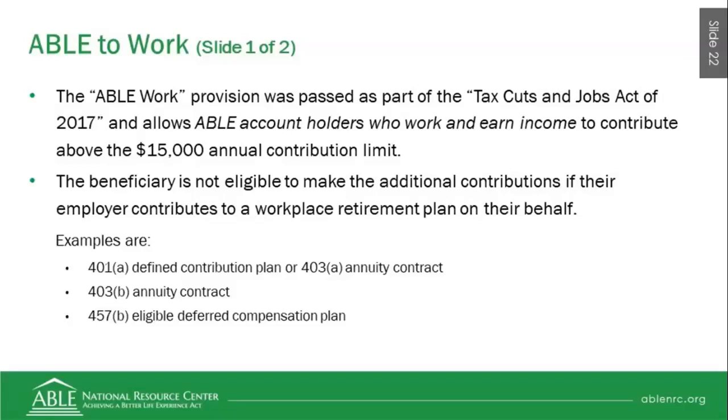When I say certain, what I mean is that a beneficiary is not eligible to make the additional contribution if they have, or if their employer contributes into, a workplace retirement plan on their behalf. Some of the examples are shown on your screen: a 401(a) plan, a 403(a) or (b) plan, or a 457(b) plan.